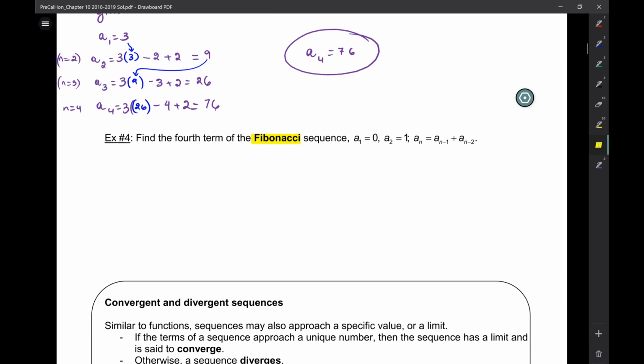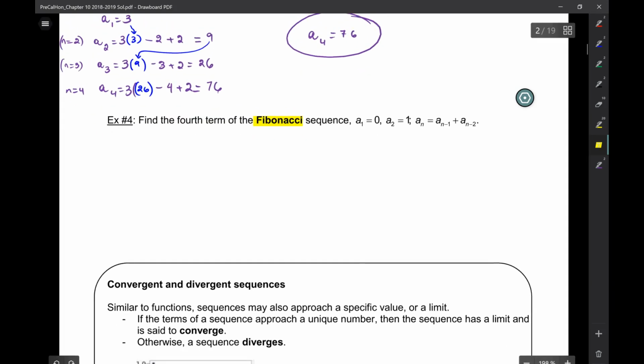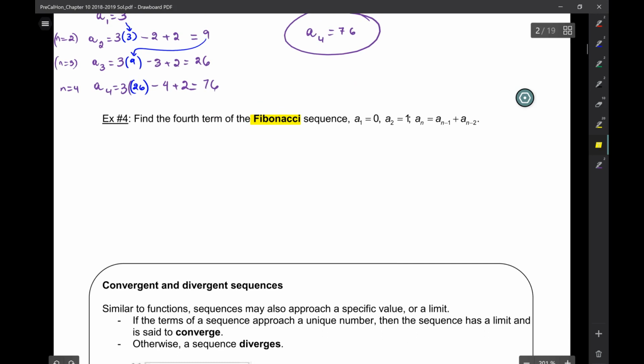Okay. So look at this one. The Fibonacci sequence is this. A1 is 0. A2 is 1. Those are the 2 given. And then every other one, a sub n, is a sub n minus 1 plus a sub n minus 2.